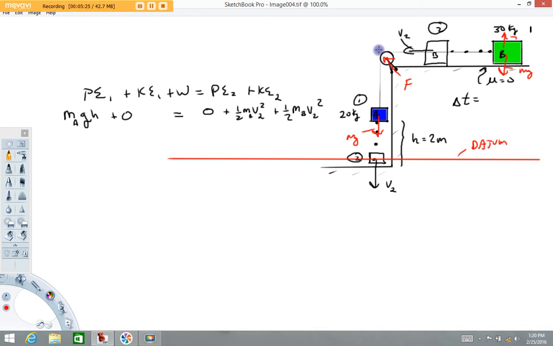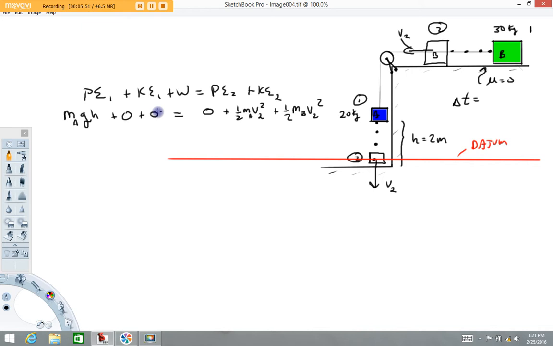If this pulley were to somehow move over to here while this was happening, we would need a work term for it, but it's not. So there's no work term for this force because there's no displacement for it. So I've considered all of the external forces on the system. There are none doing work, so I'm going to go ahead and get rid of them now. And therefore the net work is 0 on the system.